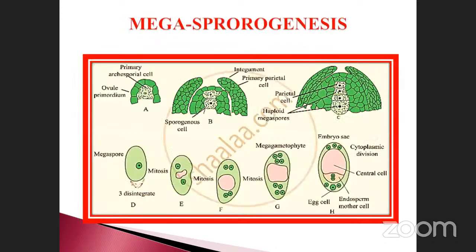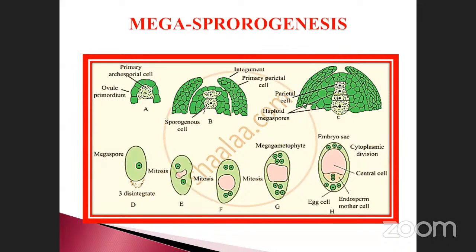See megasporogenesis. This is the first one, called the archesporial cell. When it undergoes the next stage, sporogenous cells are produced. The sporogenous cell divides further into many. Then the haploid megaspores, 1, 2, 3, and 4. From these, 3 are degenerated.